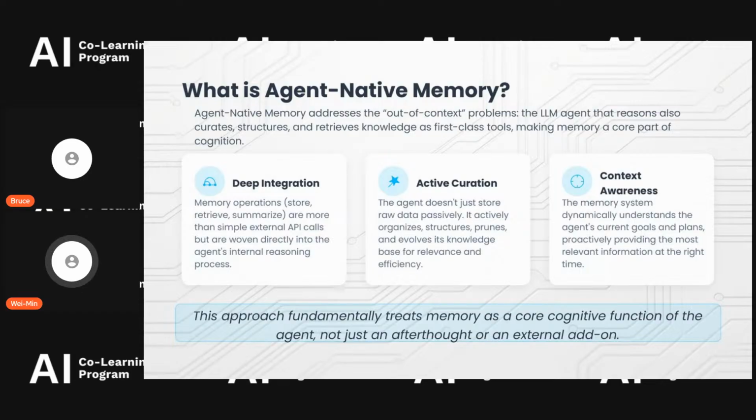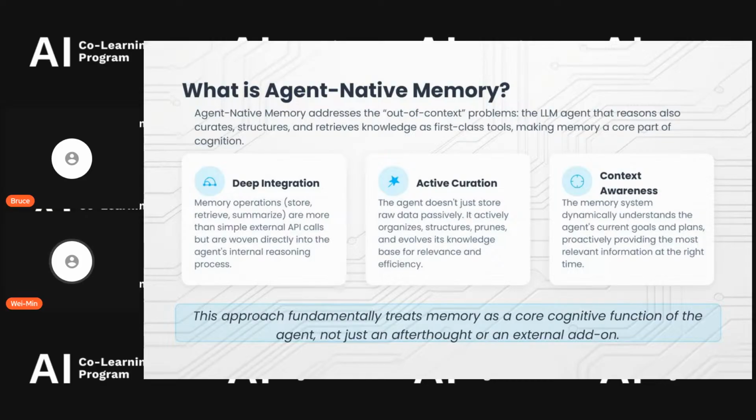There are three major characteristics of agent-native memory. First, it's deeply integrated into the process. And then the agent would actively curate the data and memory, so for example, it organizes, structures, prunes, and evolves its knowledge base for relevance and efficiency.